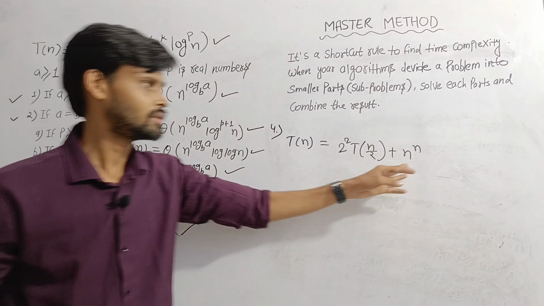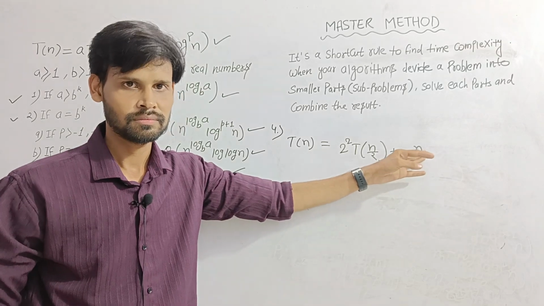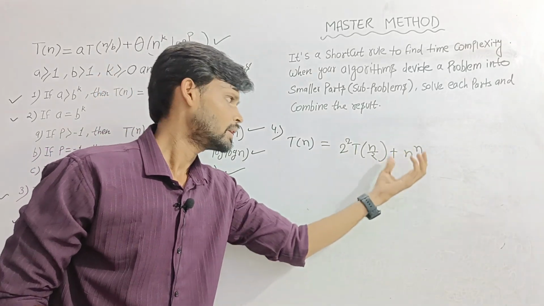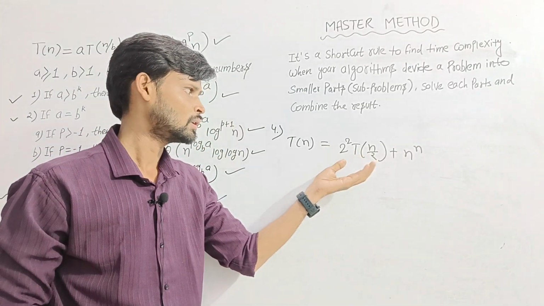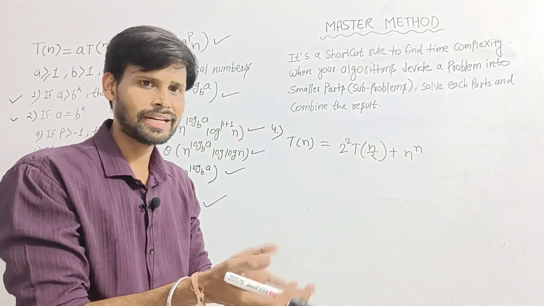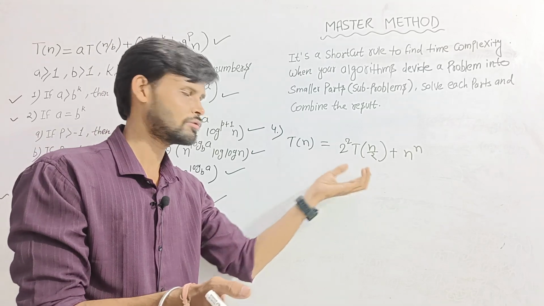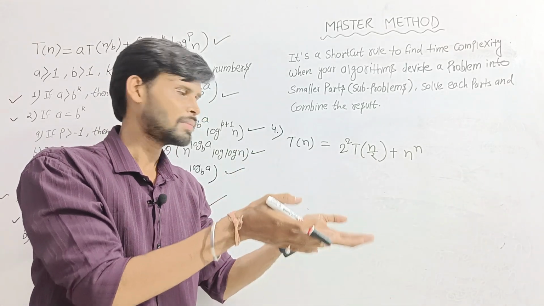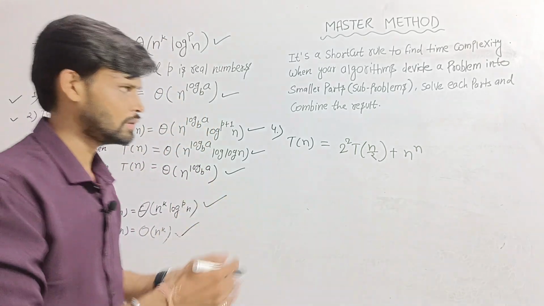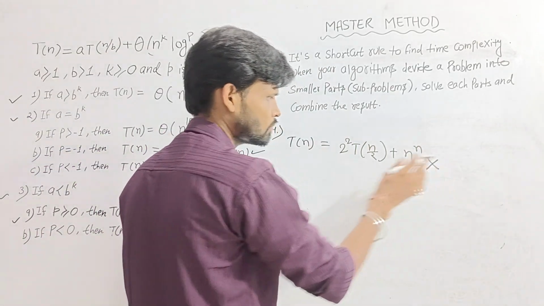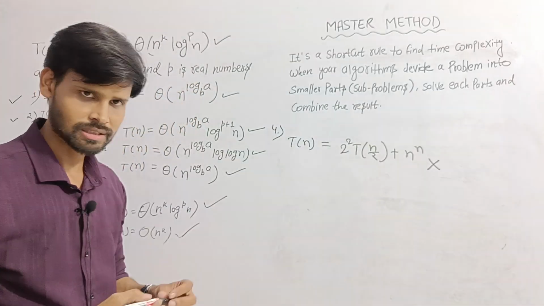Here you can see n power n, so the master method is not applicable. First we will have to apply rules that convert this equation into the master method form, then you can apply the master method. We will discuss it later. So here we cannot directly apply the master method.